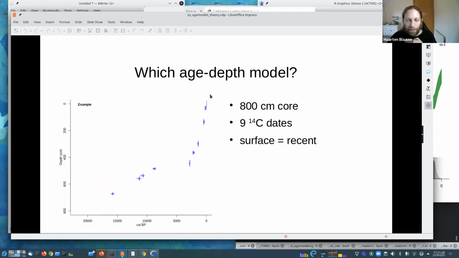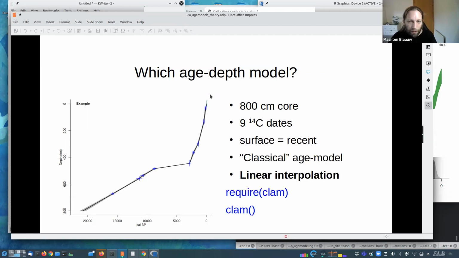Now, one thing that would generally be done first is to simply connect the different dated depths with a straight line between each neighboring dated depth. So linear interpolation between the dated levels, or short linear interpolation. And that used to be by far the most common model.